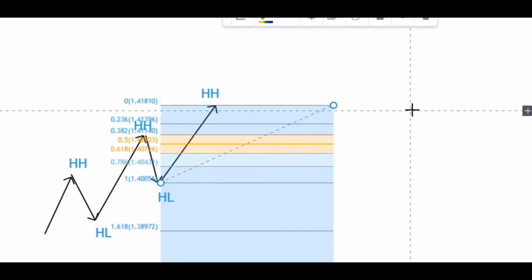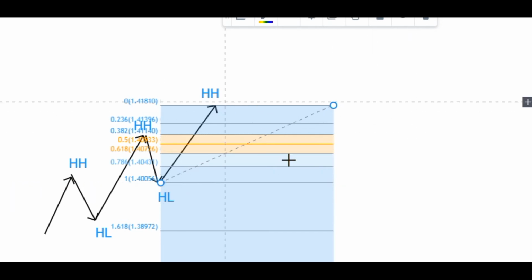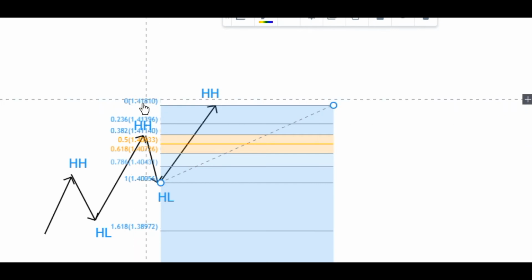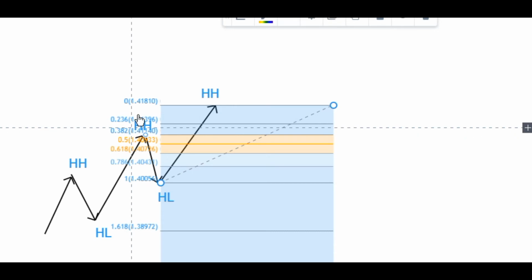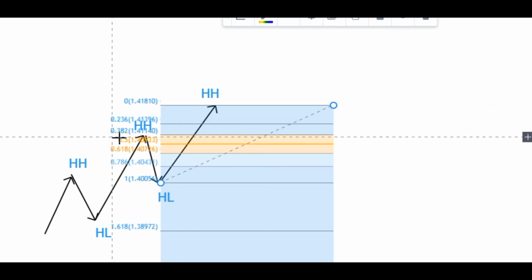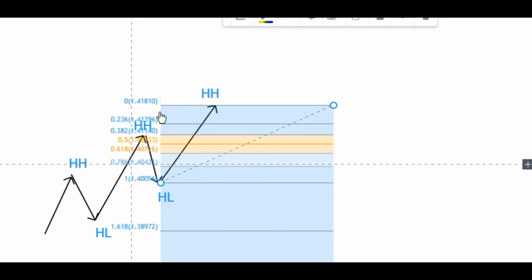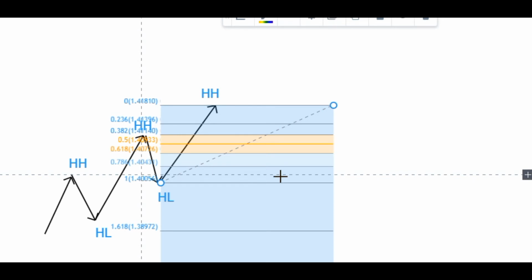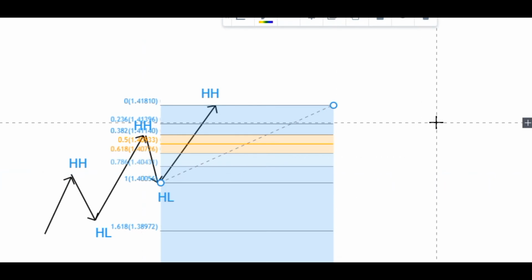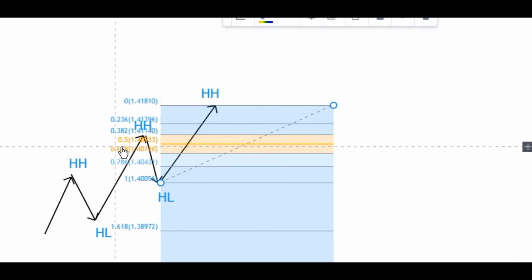Now this is the Fibonacci retracement, and if you look at the left side, we have some numbers there. It starts from 0, and then we have 0.2, 0.3, 0.5, 0.6, 0.7. These are all percentages. Looking at the Fibonacci retracement, the numbers you have to really take into consideration are the 0.38, the 0.5 and also the 0.6.